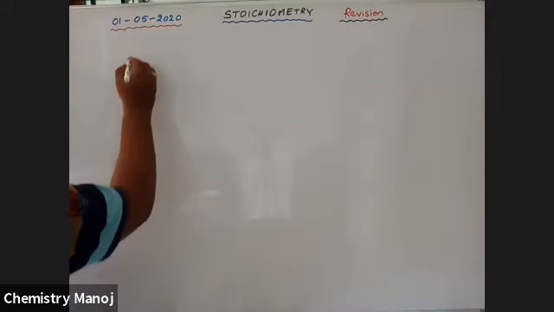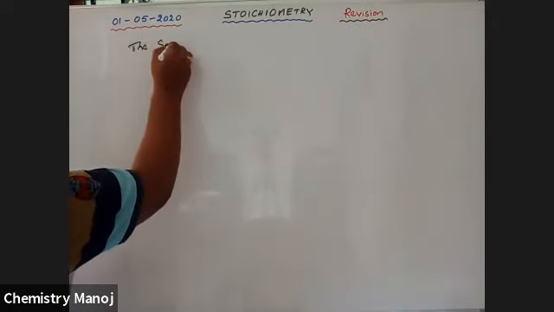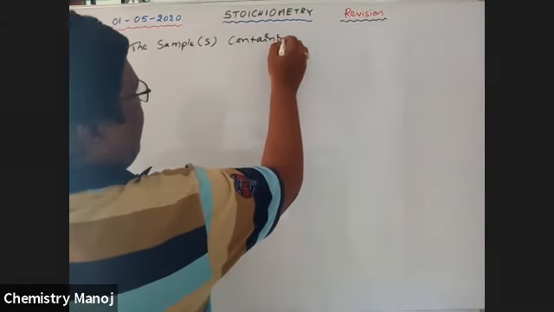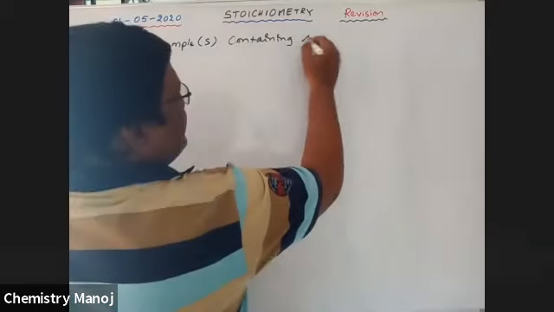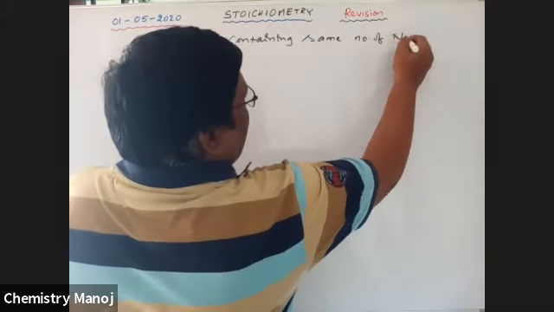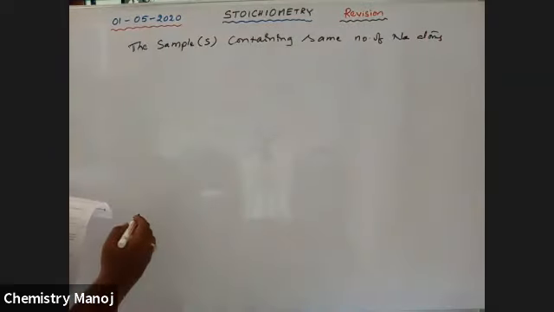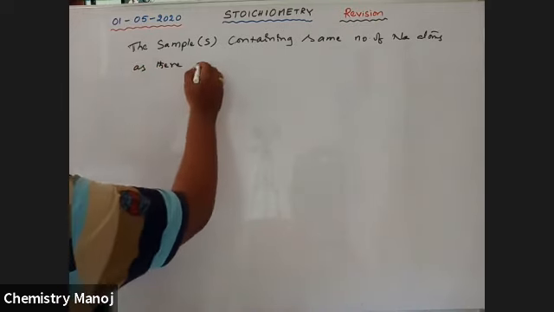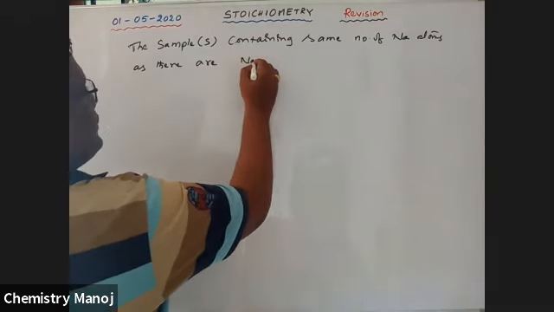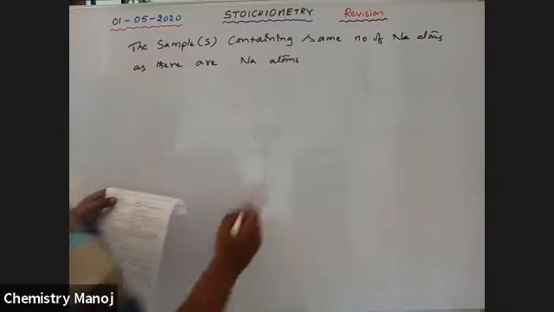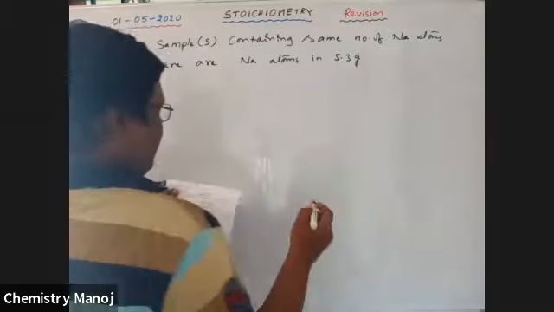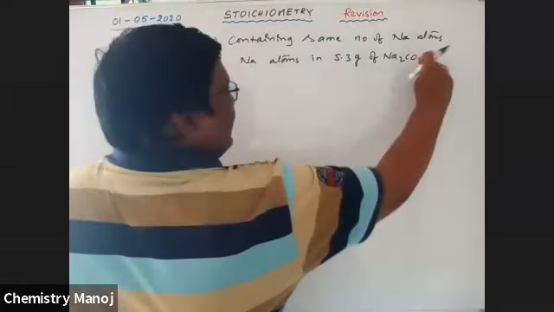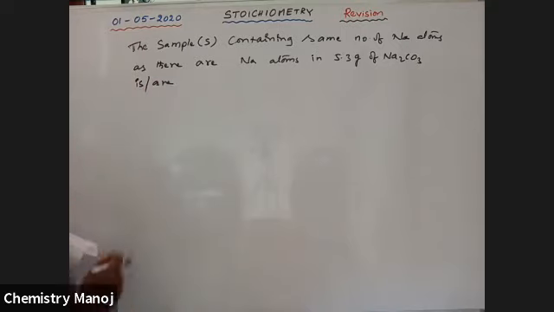The sample containing the same number of sodium atoms as there are in 5.3 grams of Na2CO3 is or are, more than 1?